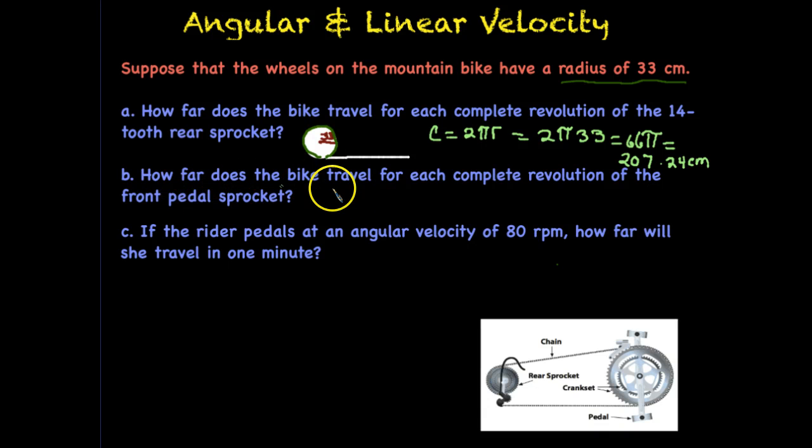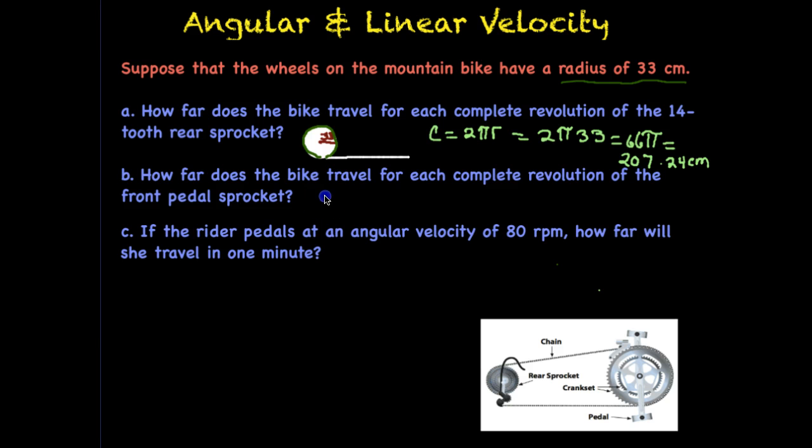Now, how far does the bike travel for each rotation of the front pedal sprocket? Well, remember that every time we rotate once around the front pedal sprocket, the back one rotates 3 times. Therefore, for every one complete rotation of this front pedal sprocket, the back wheel will rotate 3 times.